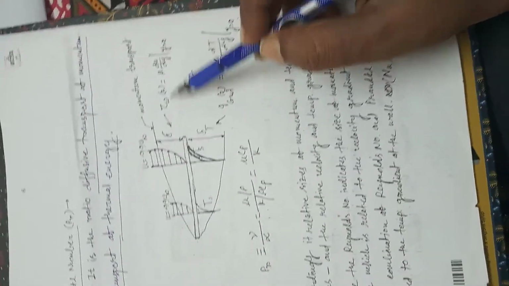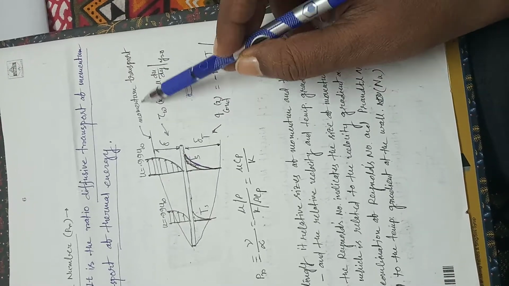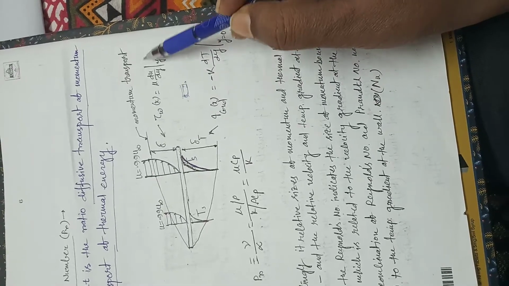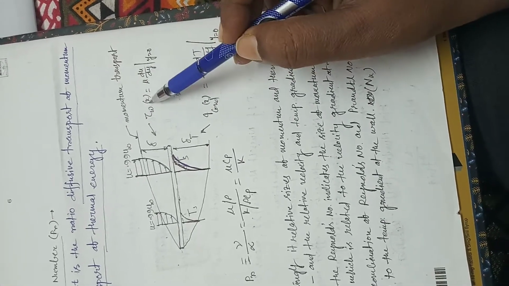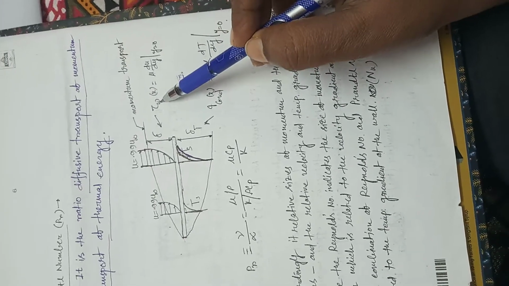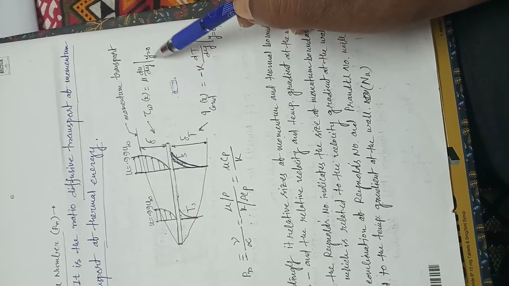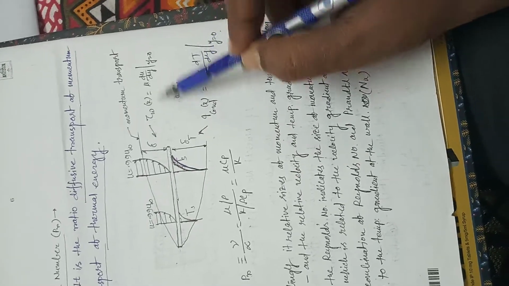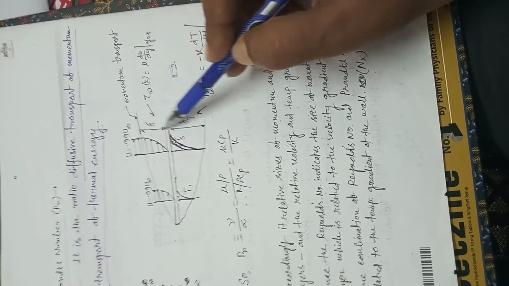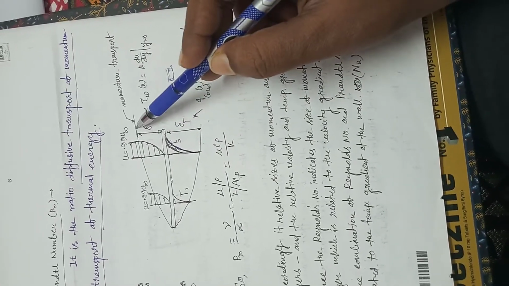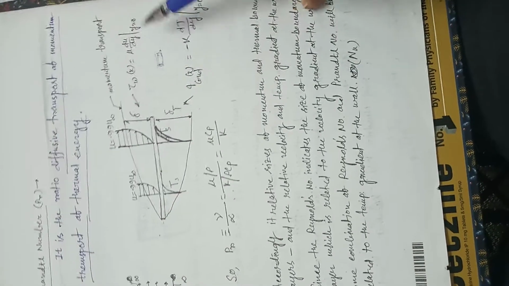In the upper case, we can use Newton's law of viscosity formula. Tau at a particular section along the x direction is defined as mu du by dy at y equals 0. That is the viscosity formula. And here delta is the thickness of the velocity boundary layer, and comparatively delta T is the thermal boundary layer thickness.